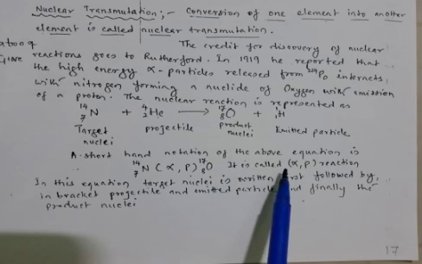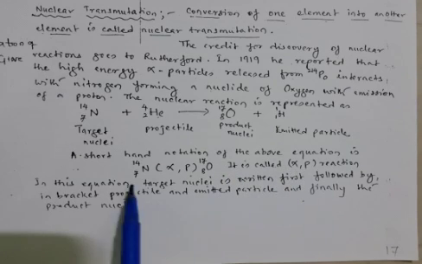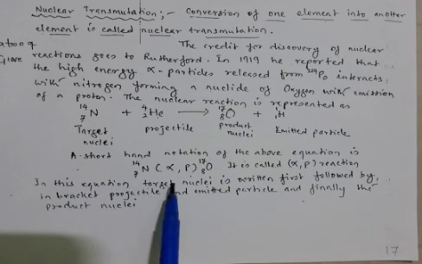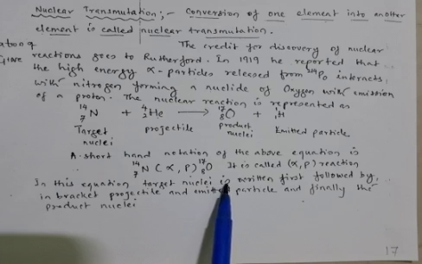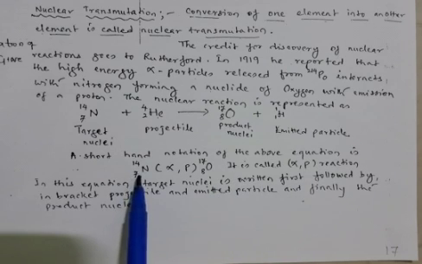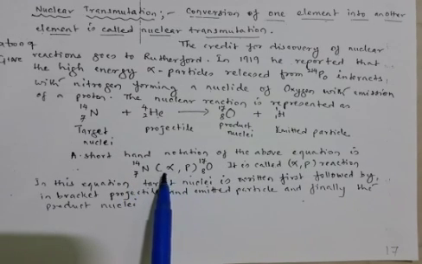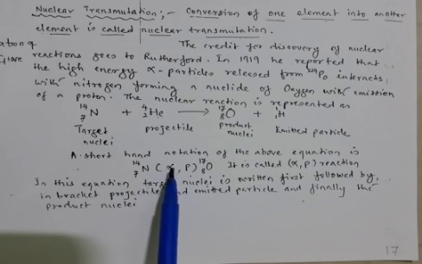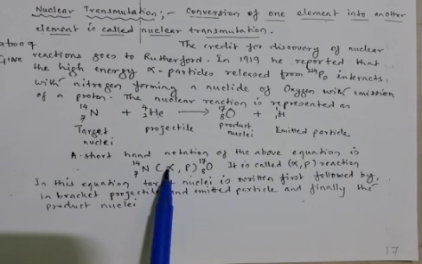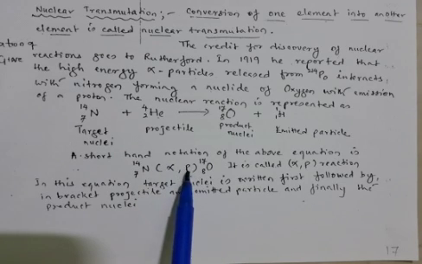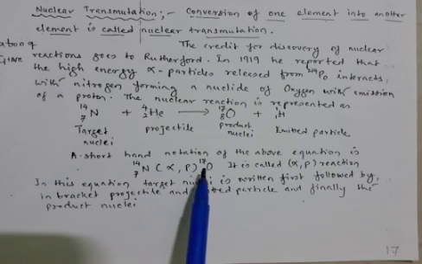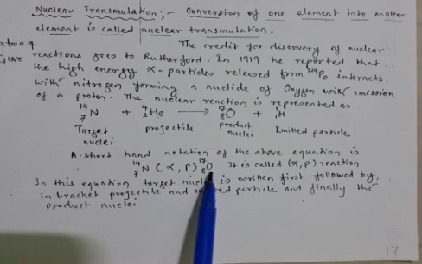It is called the alpha-p reaction. In this equation, the target nuclei is written first, followed by the bracket in which the projectile is written and the emitted particle is also written, and finally the product nuclei.